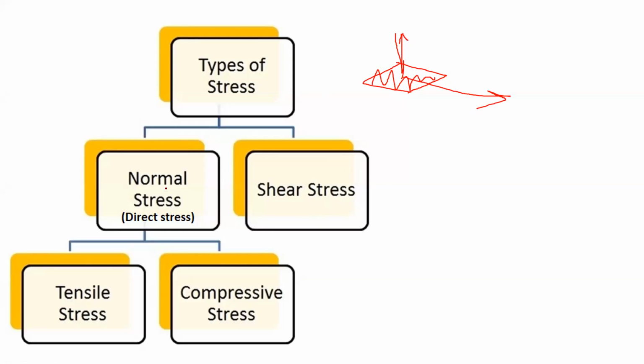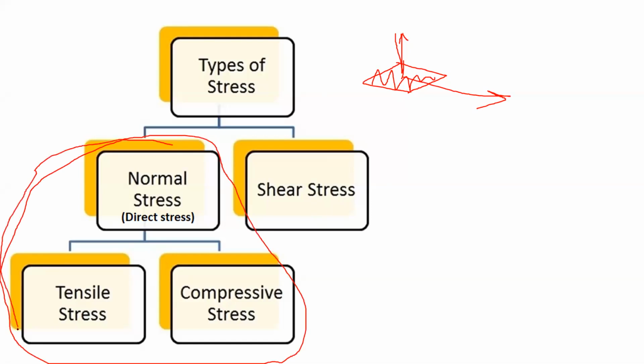So first, today we'll discuss these things. Today we'll try to focus on this. And next, in some upcoming lecture, we'll talk about shear stress and shear strain. Okay. So normal stress is one which acts perpendicular to the resisting area. Shear stress is one which acts in the same plane.